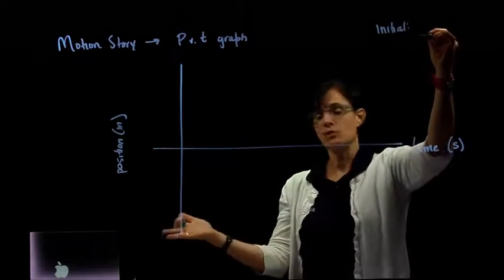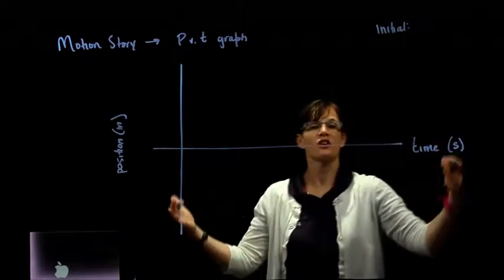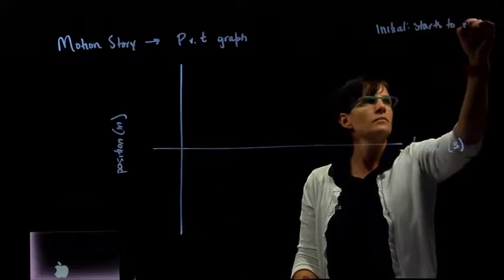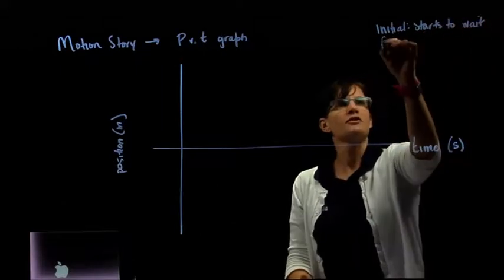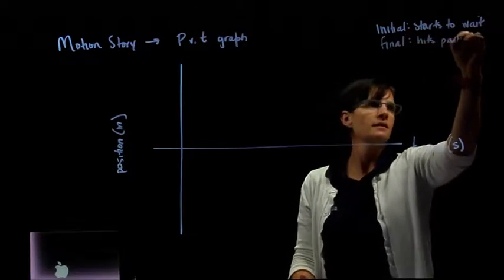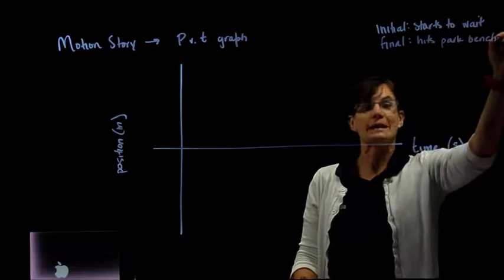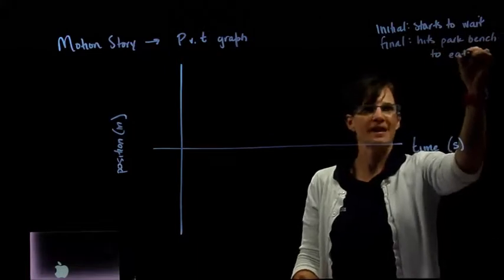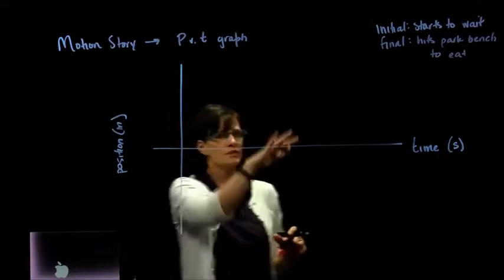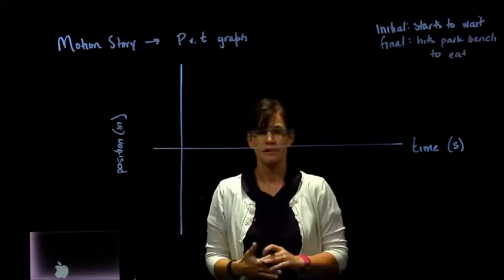The initial motion that we're going to care about is when Peter starts to wait, and it's going to end when he hits the park bench to actually eat. So after he goes back and gets his water bottle, we're going to look at that whole motion. So here's the motion that's going to be represented in this time frame.